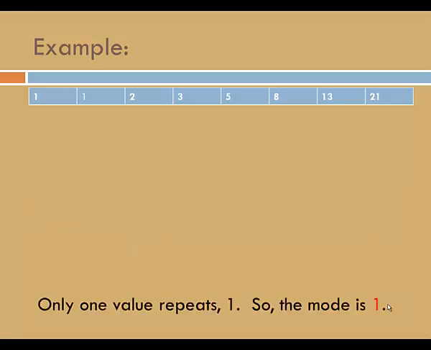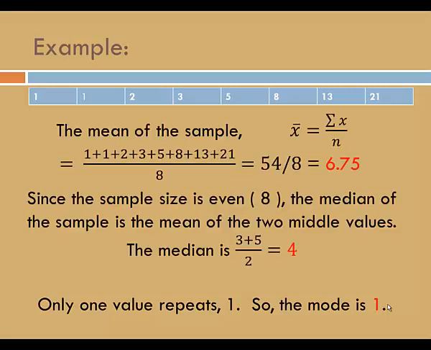The mode is the most frequently occurring value. In this case, only one value repeats, 1. So the mode is 1. We have a sample mean of 6.75, a sample median of 4, and the mode of the sample is 1.